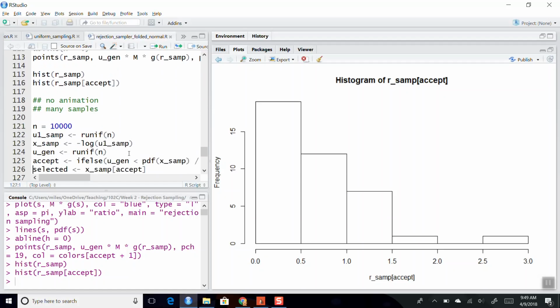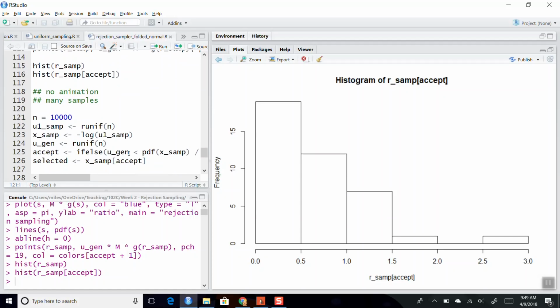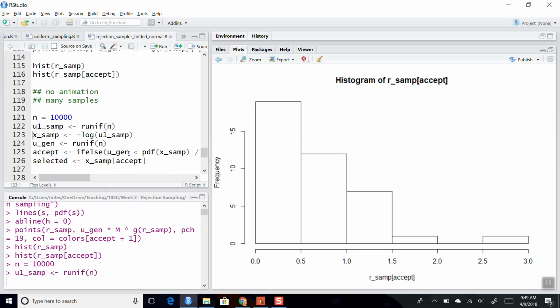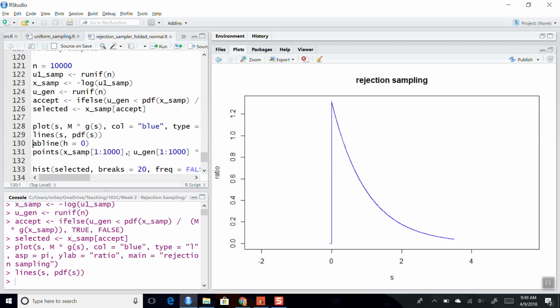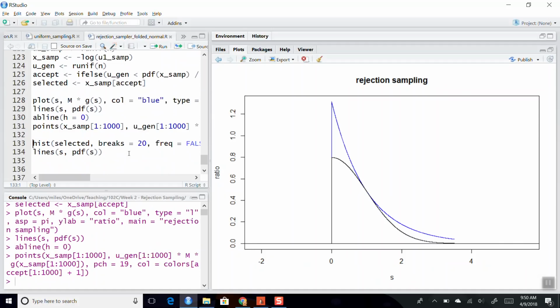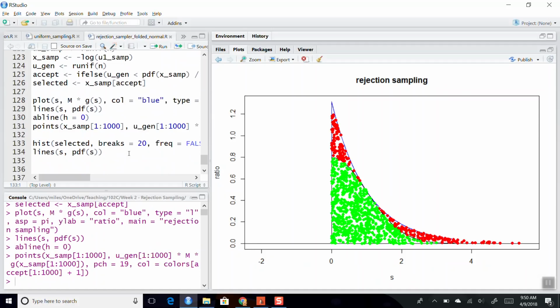But for the ones that are accepted, let me fast forward and say, what if I did 10,000 points? Okay, so you can see the values that get proposed follow the exponential. The values that get accepted follow the folded normal.